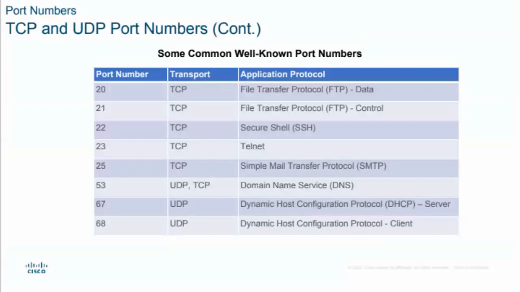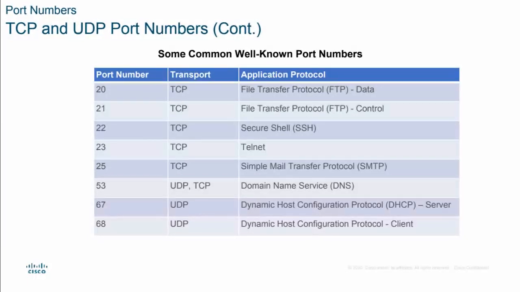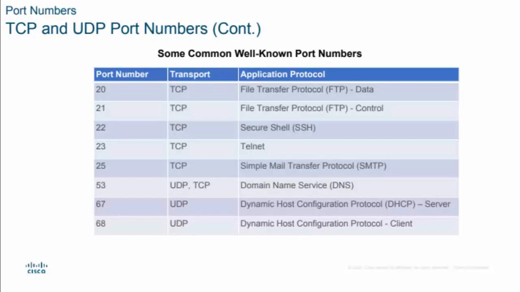These are the most common port numbers. They might ask you about this, and you should know that FTP uses port 20 for data and port 21 for control. Telnet 23, SMTP 25, SMTP for email, and so on. DNS uses both UDP and TCP, and port 53.